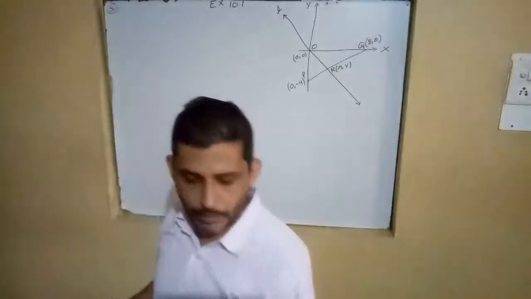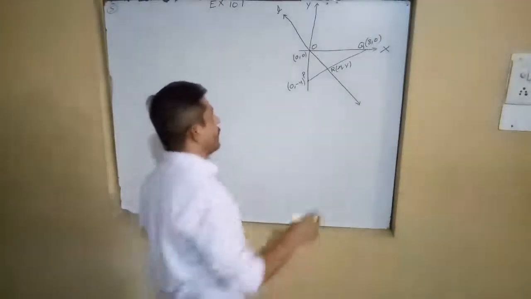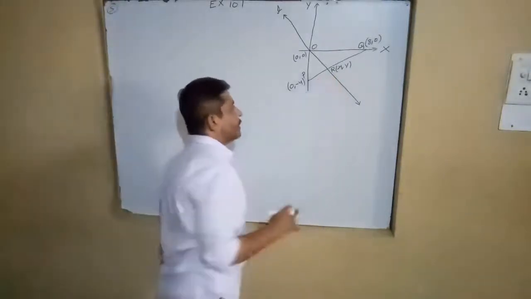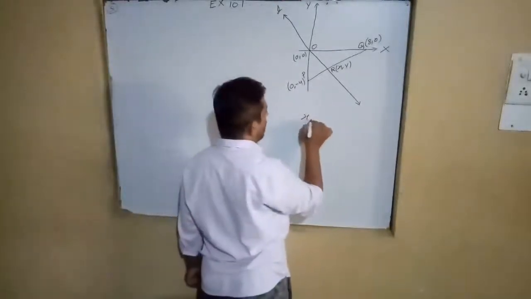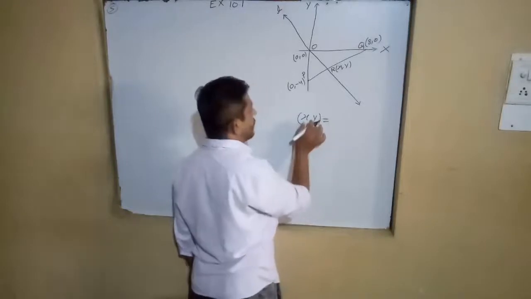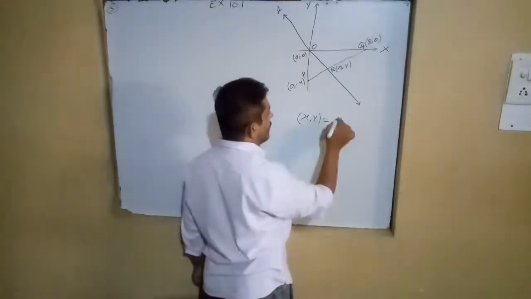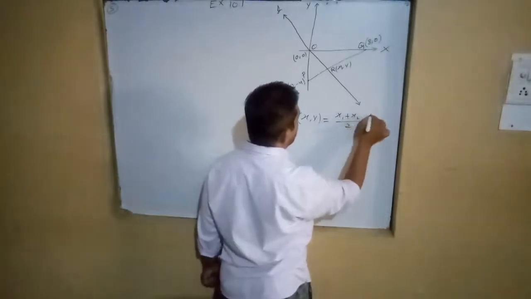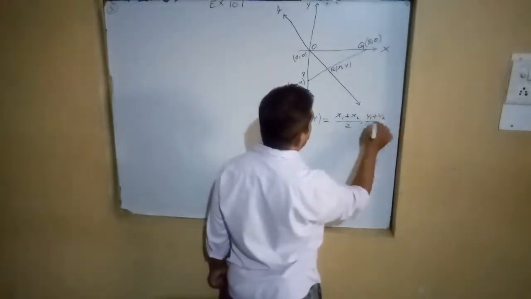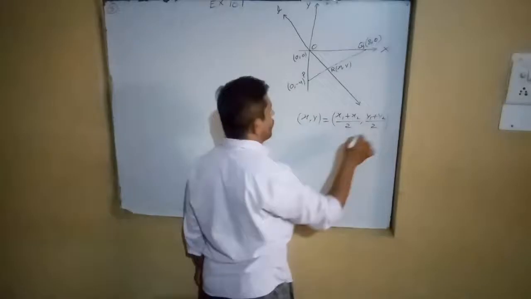So very easy question. First we find the value of R. So the midpoint formula we learned last year. (x, y) is equal to, if (x, y) lies on the midpoint of any line, what is the formula? x1 plus x2 by 2 comma y1 plus y2 by 2. We use this formula here.